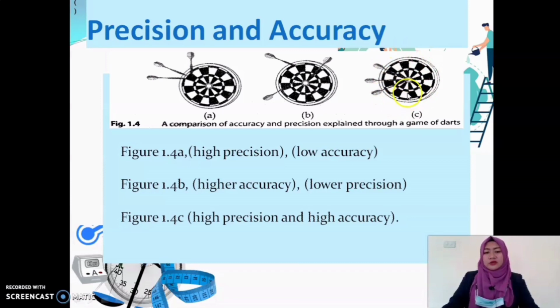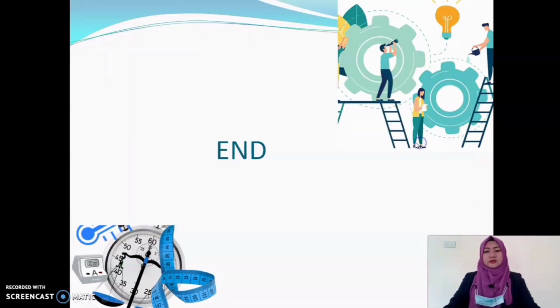Figure 1.4c, all the darts are actually close to one another and they are close to the target point. Therefore, it has high precision and it has high accuracy, because they are very close to one another and it has a very close position to the target.